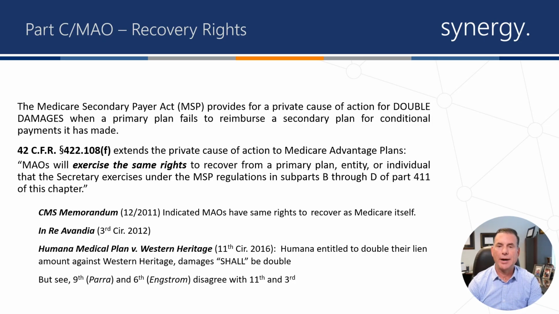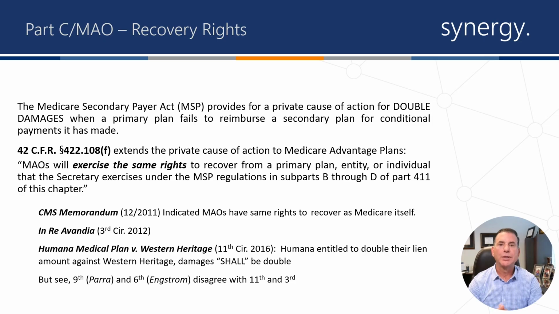While Medicare does not use the double damages provisions, Medicare Advantage plans have used these quite successfully and aggressively to recover double the lien amount if there's a failure to repay the MAO plan, which does happen because these liens sometimes aren't discovered, which is why I said it's a hidden lien. But under federal law, a MAO has exactly the same rights as a conditional payment obligation claimed by the federal government.